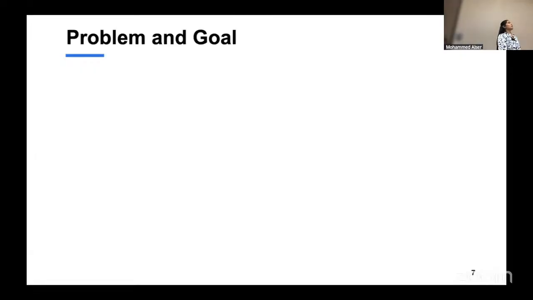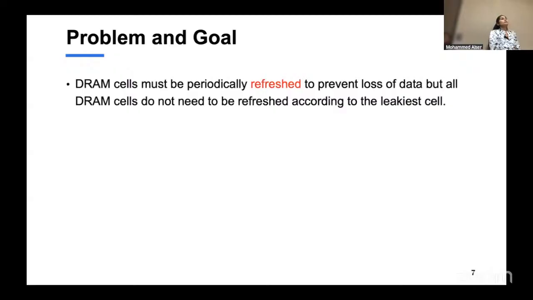And now let's talk about the problem and goal. As I mentioned before, the DRAM cells must be periodically refreshed to prevent the loss of data. And all DRAM cells do not require refreshing at the same frequency. Some require more frequent refreshing and some do not.